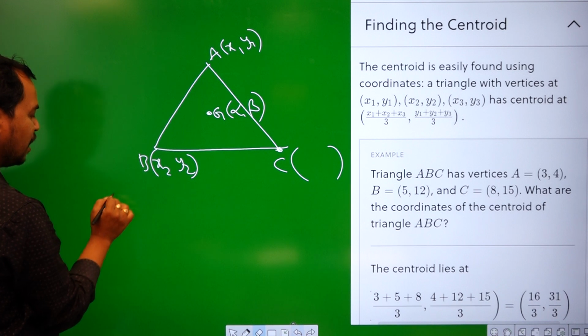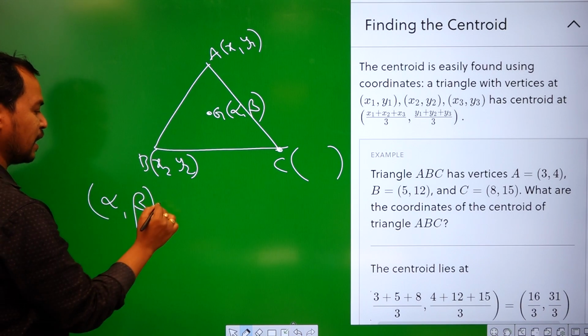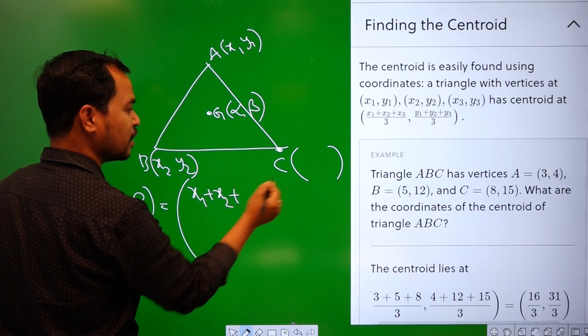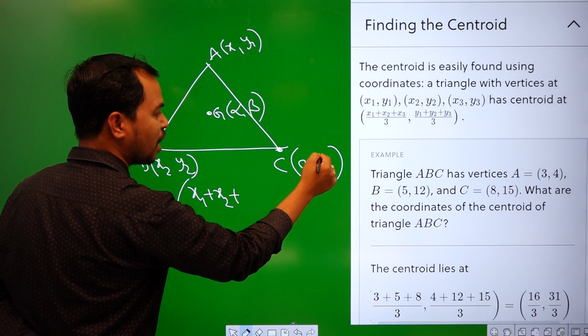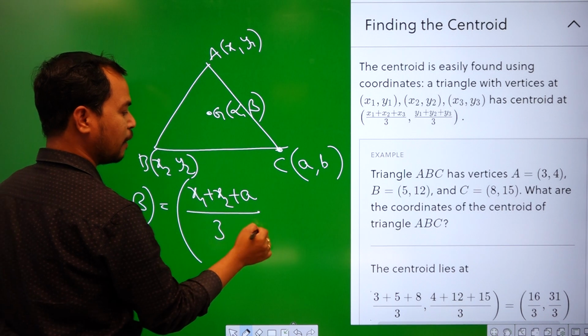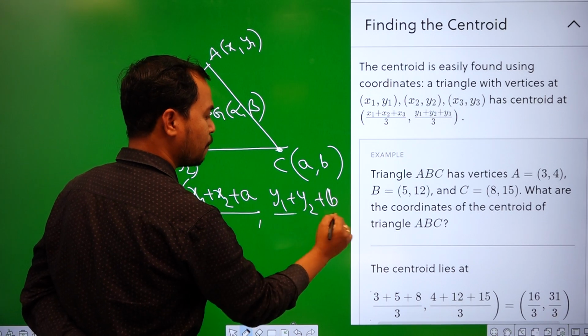So here G (alpha, beta) is equal to (x1 plus x2 plus the missing vertex, let it be (A, B), so x1 plus x2 plus A by 3, y1 plus y2 plus B by 3).